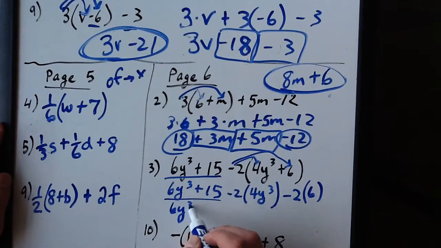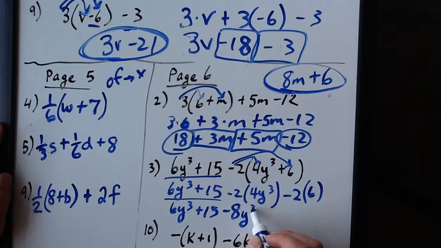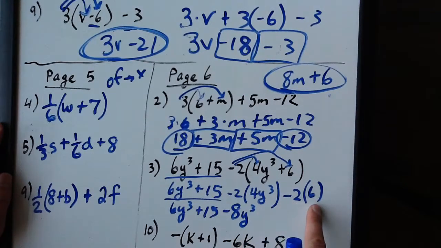So I have 6y cubed plus 15. Here I have negative 2 times 4y cubed. Well, negative 2 times 4 is negative 8, and the variable y and the exponent 3 stay the same. So it's negative 8y cubed. Here I have negative 2 times 6. Negative 2 times 6 is negative 12.